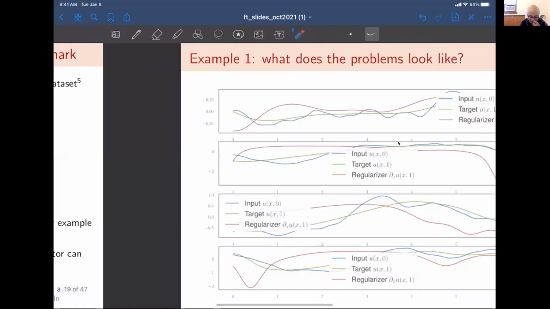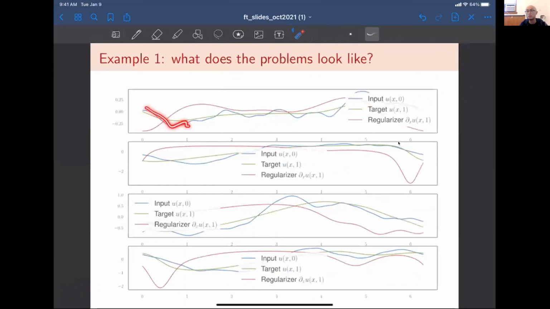In the next slides, we'll see that the initial condition still has fine structures that only a finer grid can resolve. 128 points can capture the final solution at time equals 1, but the initial condition still needs the finer structure.